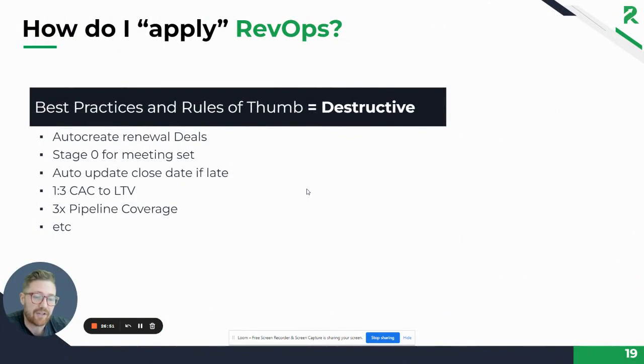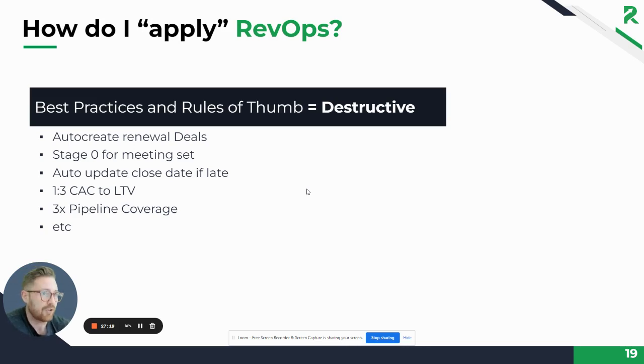Before we go to that, I think it's important to note, because you see these in a lot of places in these guides, these pillars, that they'll give best practices and rules of thumb. Without understanding the go-to-market motion or the business model or the data model that you're working in, these best practices are destructive. They can destroy your CRM. I have been a culprit of making these recommendations. Let me give you an example. Auto-create renewal deals. It's not inherently bad, but when do you create it?